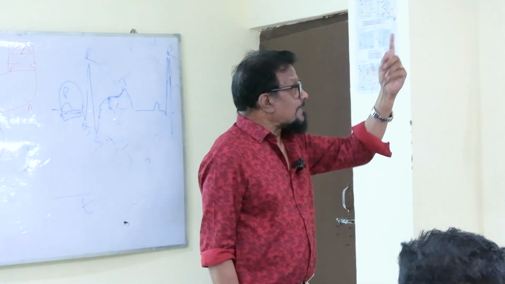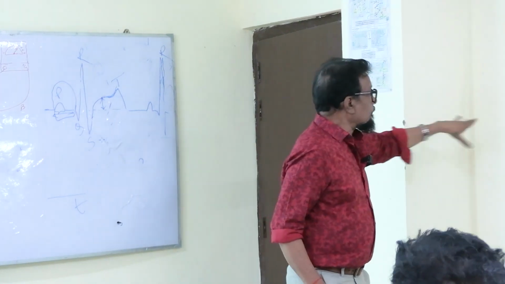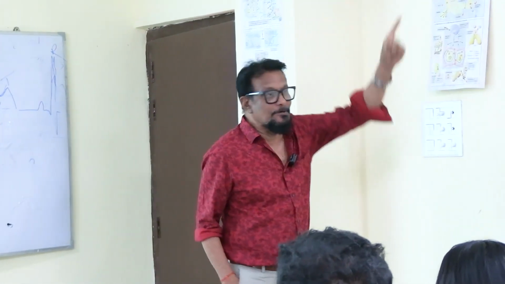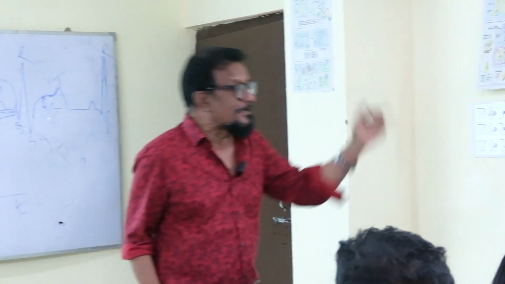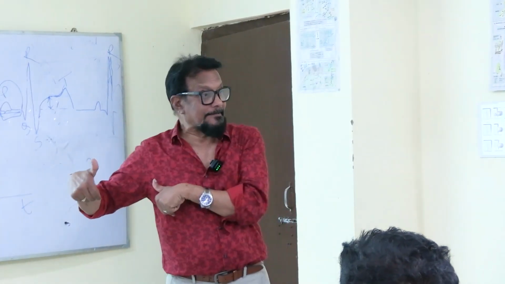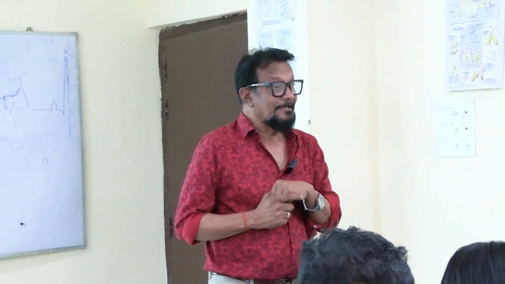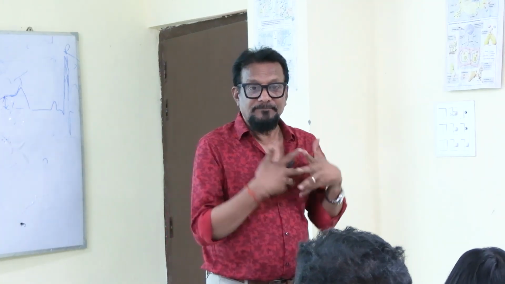Or if some portion is damaged because there is no supply, it is blocked, now this area will become infarcted. So when there is infarction, again the ST segment and T waves will reflect these changes. And you can confirm that yes, he has suffered a heart attack.